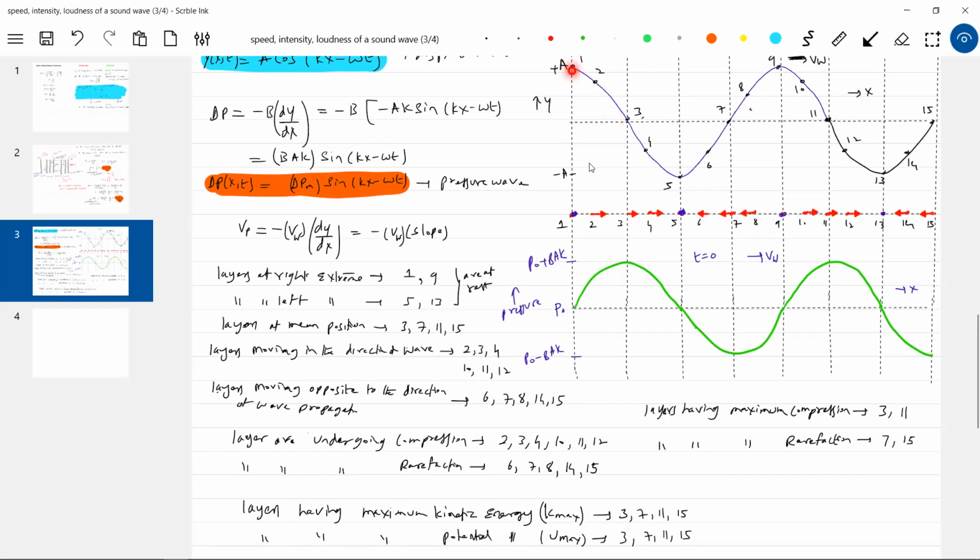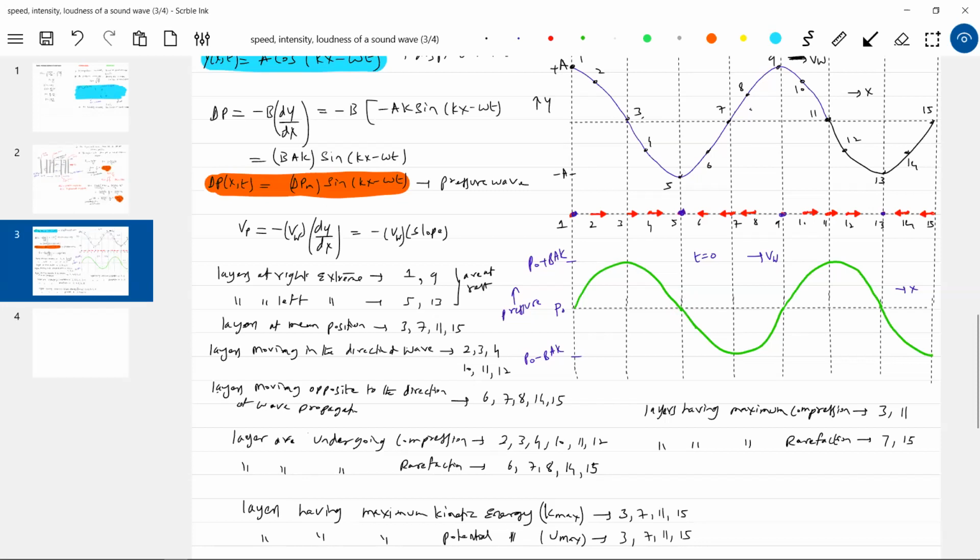Here kinetic energy will be zero, and it increases, it becomes maximum. So if compression increases, kinetic energy will also increase, potential energy also will increase. If compression decreases, kinetic energy decreases, potential energy decreases. And at mean atmospheric pressure, both potential and kinetic will be zero.